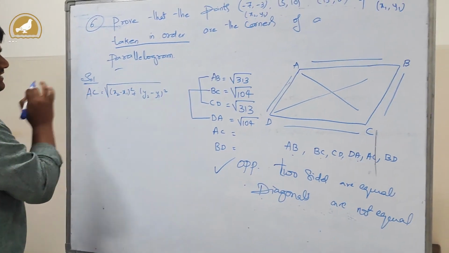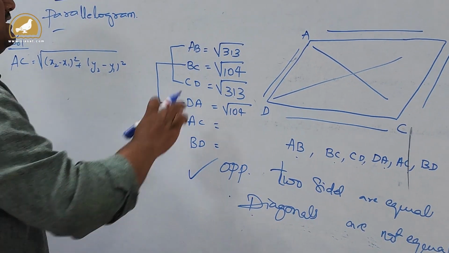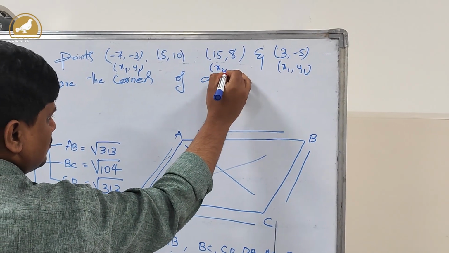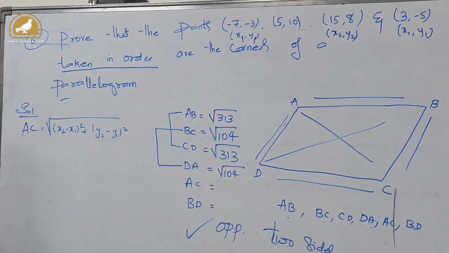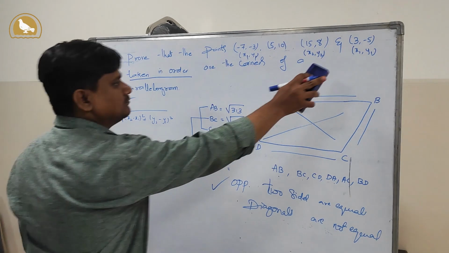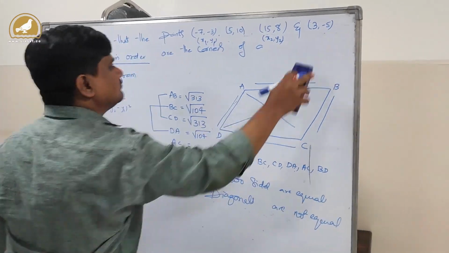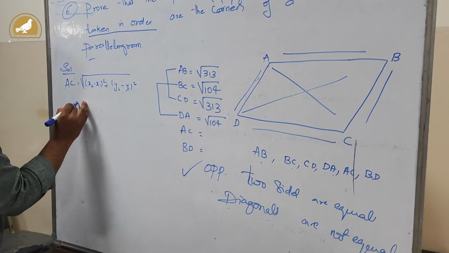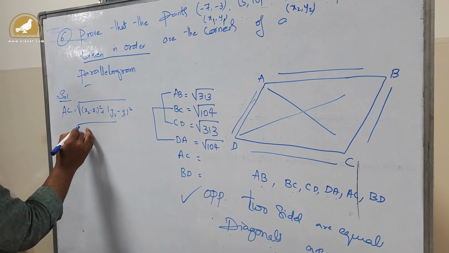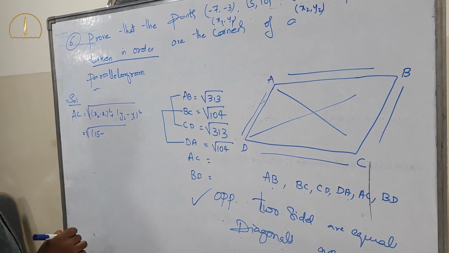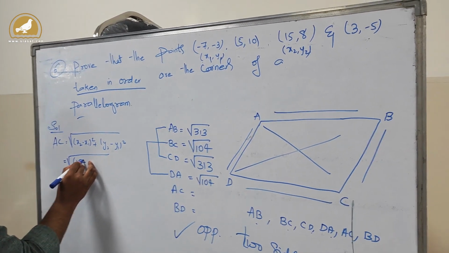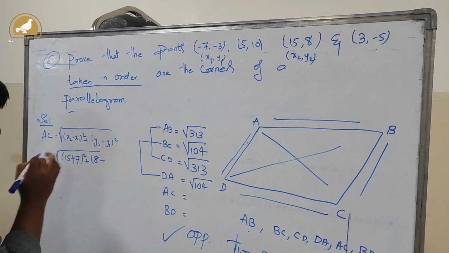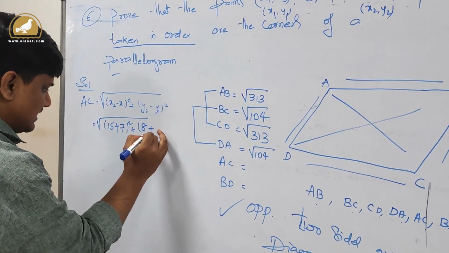We will calculate the distance between A and C. When we are calculating it, A will become x1, y1 and C will become x2, y2. So the value of x2 is 15 minus x1, x1 is minus 7, minus of minus it is plus 7. The value of y2 is 8, minus the value of y1, which is minus 3, minus of minus plus 3.